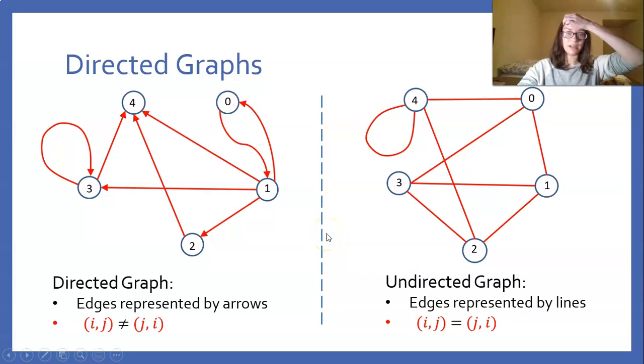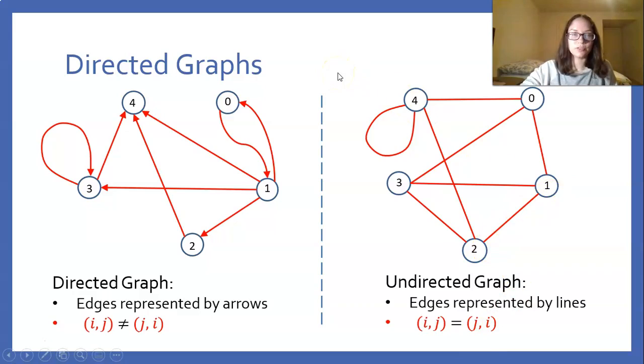So that's an undirected graph. Mathematically, we see that this is shown by edge i, comma j being exactly equal to edge j, comma i. So they mean the exact same thing. Edge 1, 2 is the same as edge 2, 1.